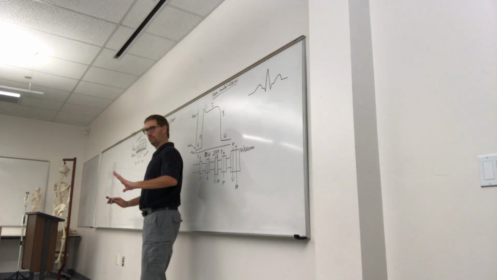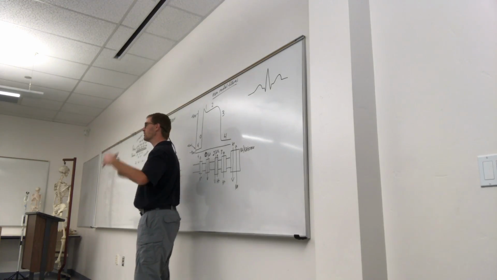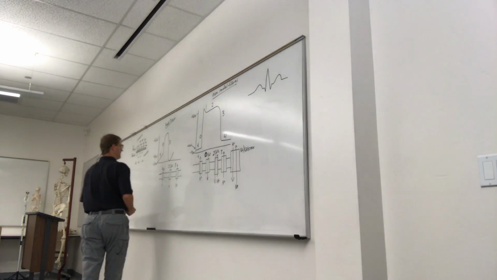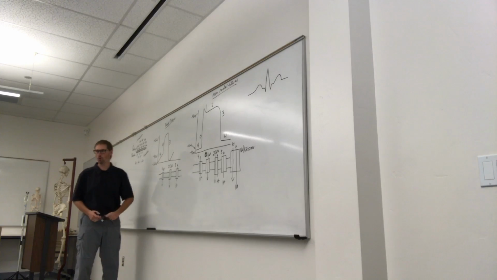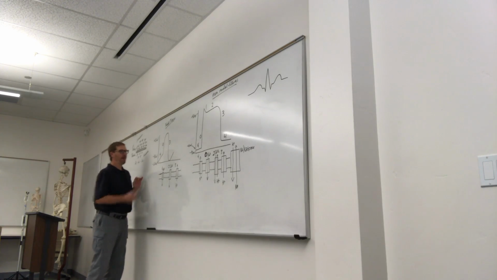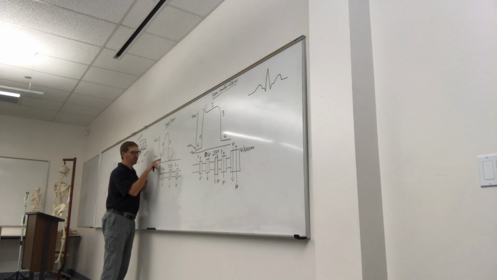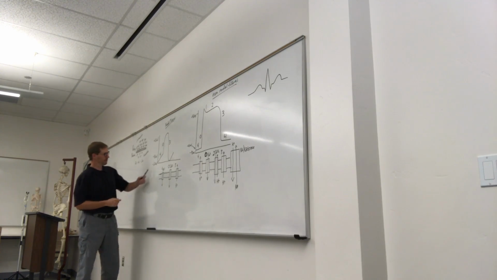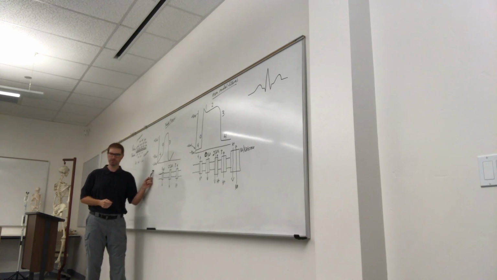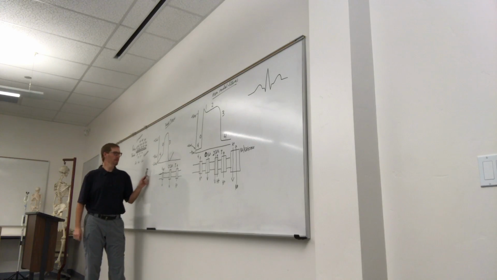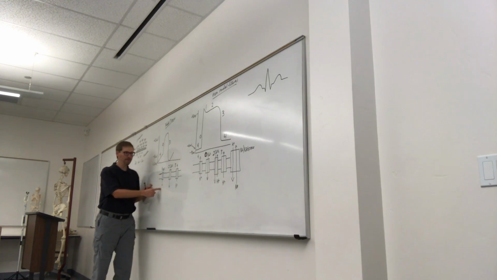Does that make sense? Okay, there's just a constant flow of sodium. So what happens is, in phase 4 here, phase 4 gradually moves up. We're starting at negative 60 millivolts here for our nodal tissues, and it's moving toward the positive. So that means sodium is coming in.